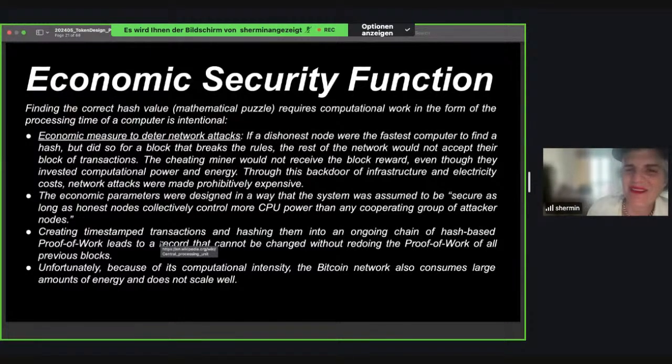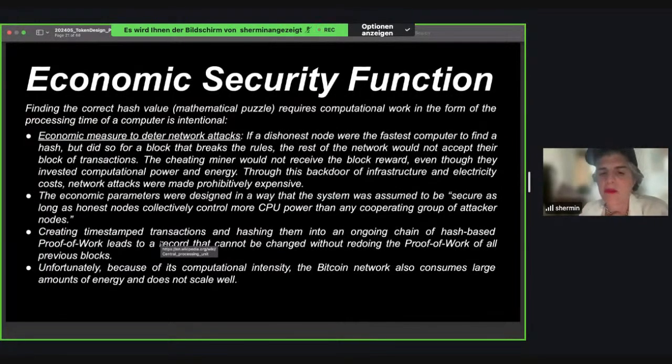So if a dishonest node were the fastest computer to find the hash, but did so for a block that breaks the rules, the rest of the network would not accept their block of transactions. The cheating miner would not receive the block reward, even though they invested in hardware and in energy. And through this backdoor of sunk costs of infrastructure and electricity, network attacks are made prohibitively expensive.